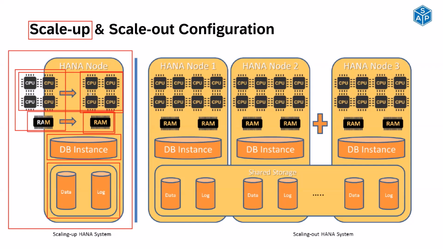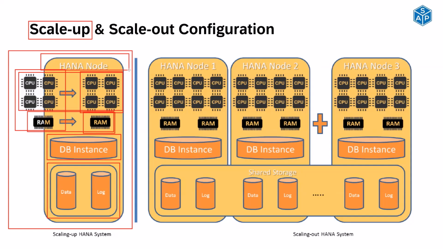Now, for example, there is an upper limit for this system. This system will not support more than 1 TB of memory, and say more than 64 cores of processor. This hardware, this VM, cannot support more than that.